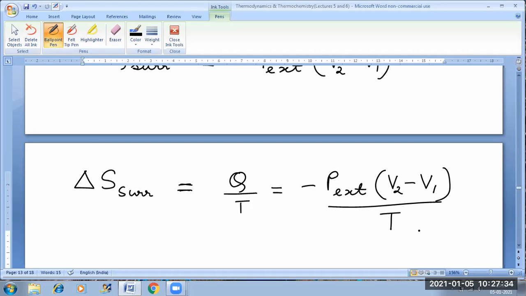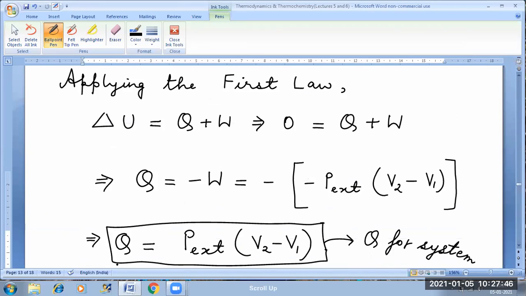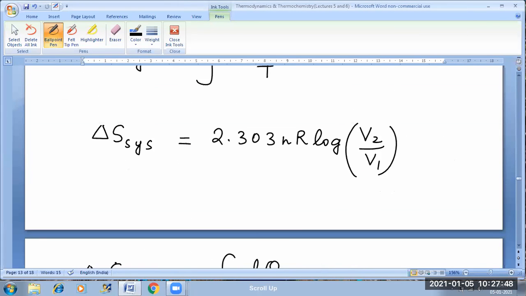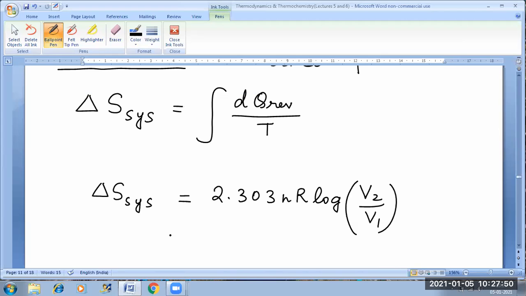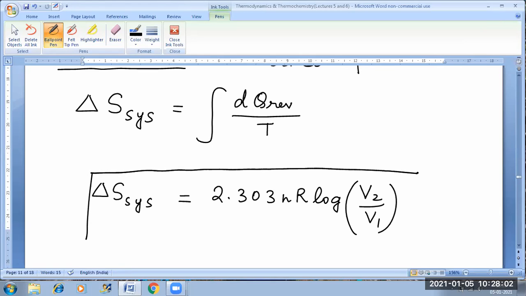So when the system is undergoing an irreversible isothermal process, that time we can say that this is the delta S of surroundings, and delta S system is same as what it was for a reversible process. So this is delta S for a system. So delta S for a system in an irreversible isothermal process is this, which is exactly same as delta S of system in a reversible isothermal process.